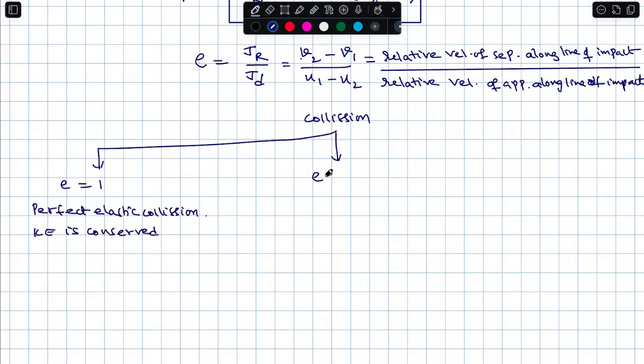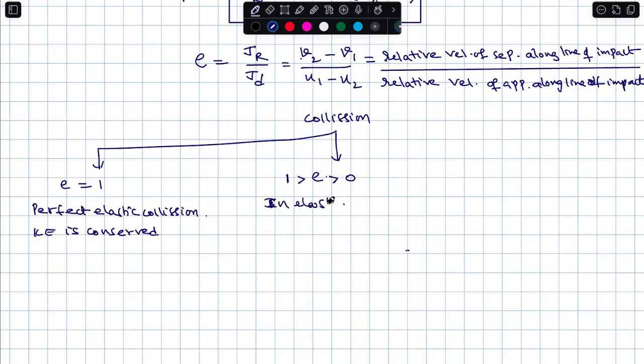If e lies between, means it is not 0, not 1, somewhere in between, such a collision is what we will call as actually inelastic collision, which is the general term.